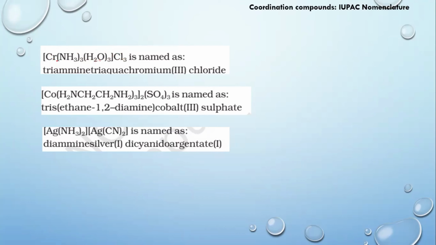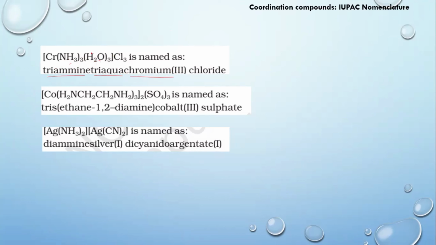How will you write the name? We should first write the names of ligands. Which are the ligands? Ammine and aqua. In alphabetical order, ammine comes first, followed by aqua. So we write triamminetriaquachromium. Now we have to find the oxidation number of chromium.